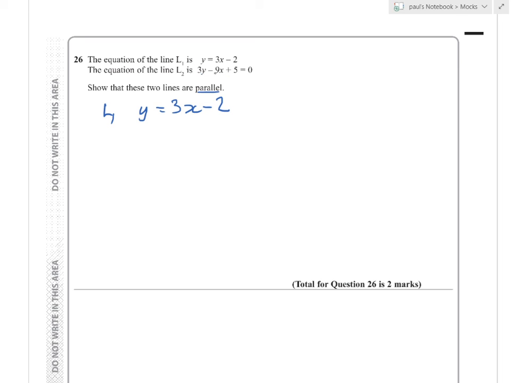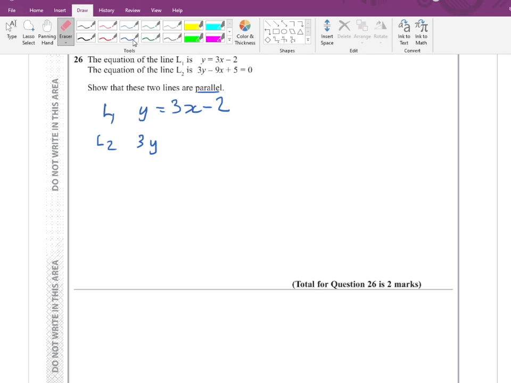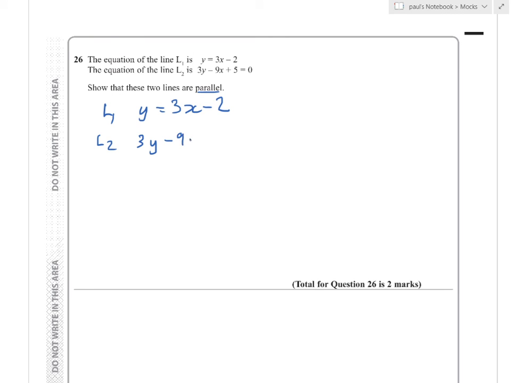Let's do the whole thing and then I'll show you how it's done. So 3y minus 9x plus 5 equals 0. We want a y, so we want all this stuff over the other side. So this will be 3y equals plus 9x minus 5.